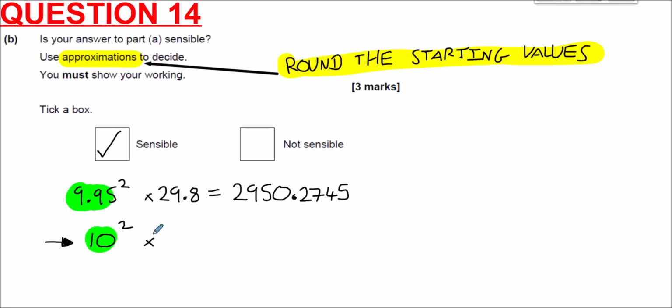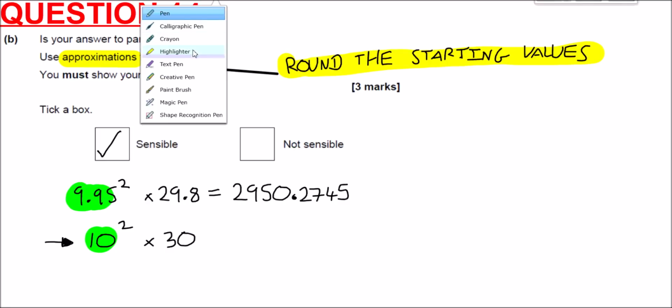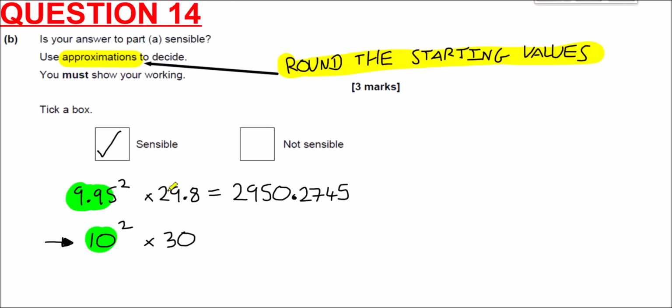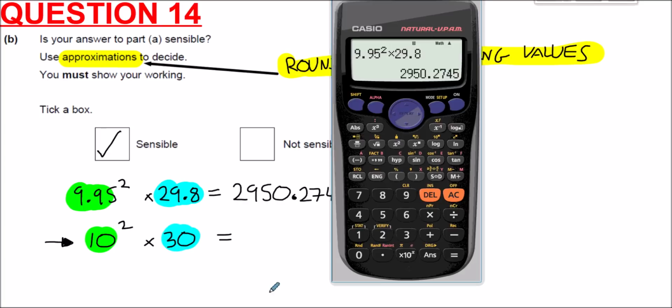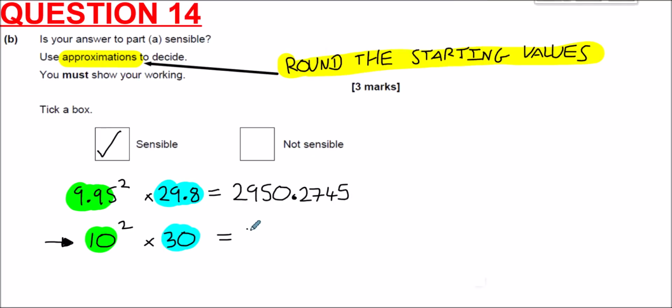And in the same way, 29.8 is very, very close to 30. So if we round 29.8 to the nearest whole number as well, and call it 30, let's see what the answer would be if we use these rounded values in our calculation instead. 10 squared multiplied by 30 gives us 3,000.